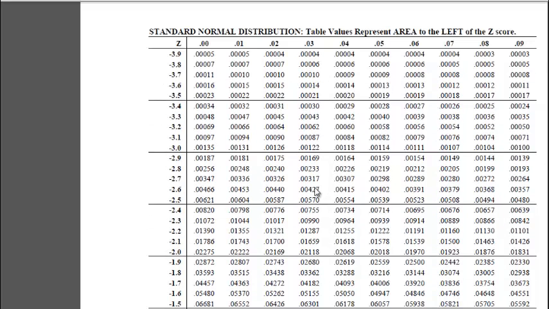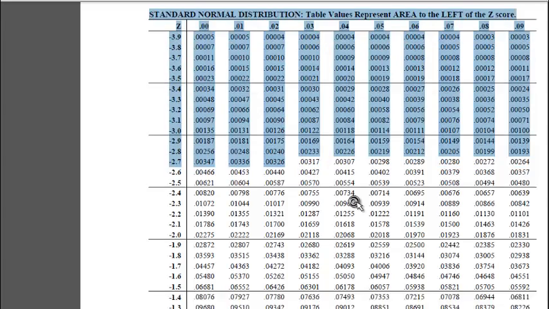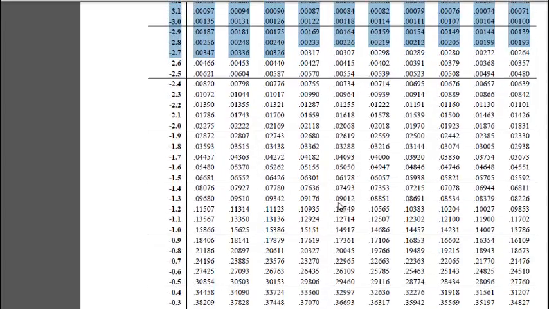So you would search for 0.1 here, somewhere around here: 0.09853, 0.10027.